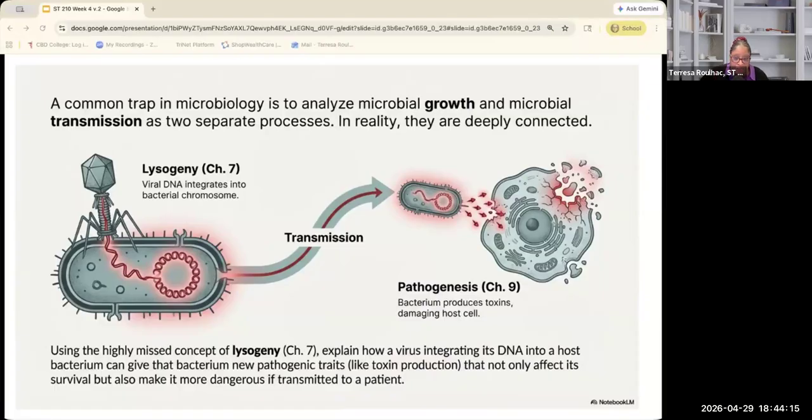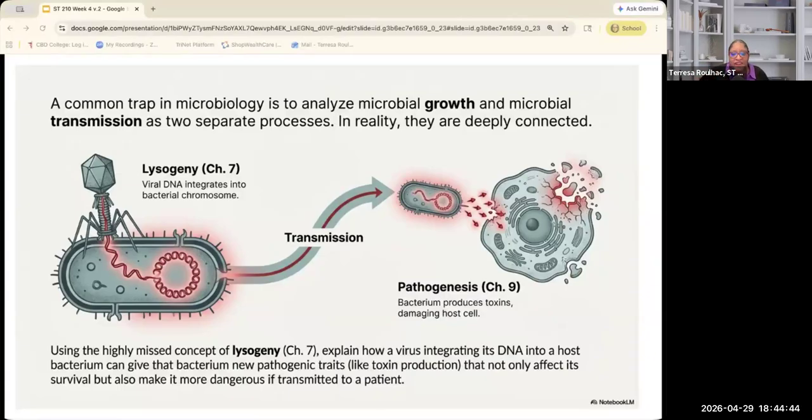But here's the key connection. If this bacterium is transmitted, let's say through contact, surfaces, or even our instruments, it's not just being moved, it's delivering new genetic instructions into our patients. So we see unexpected severity.